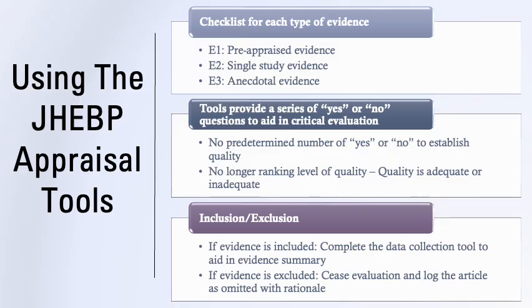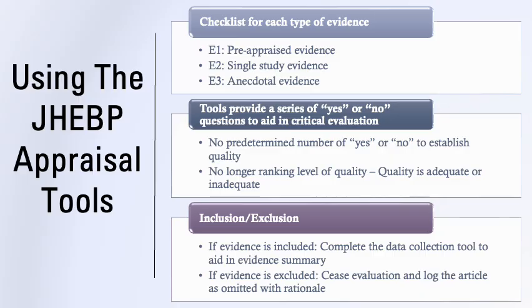The checklists are a tool that provides you with a series of questions that, while reviewing the article, you should read and answer as yes, no, unclear, or non-applicable. When you are done reviewing the article, you should look at how you answered the questions in general.